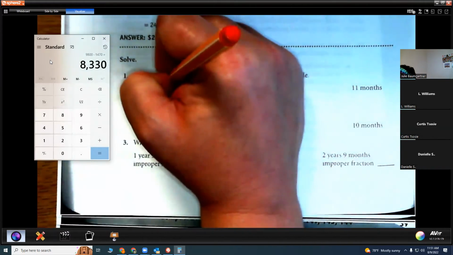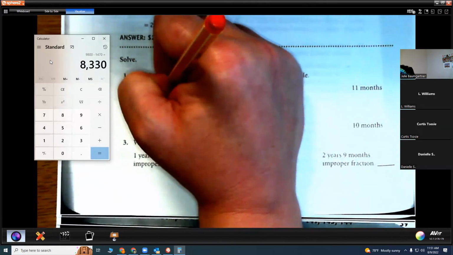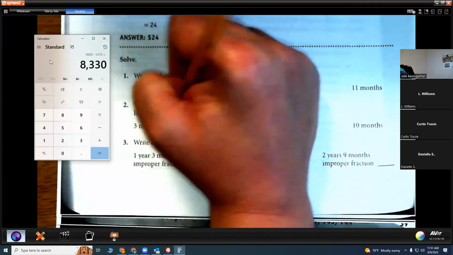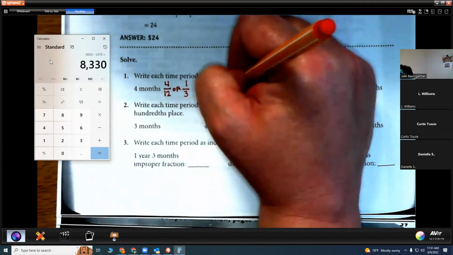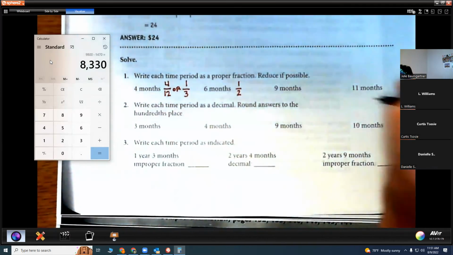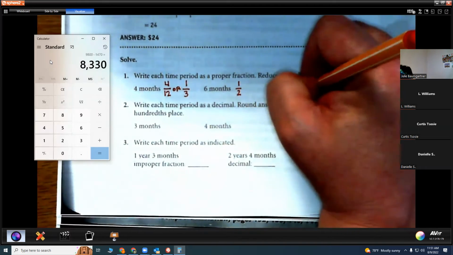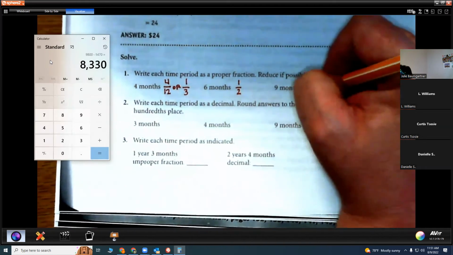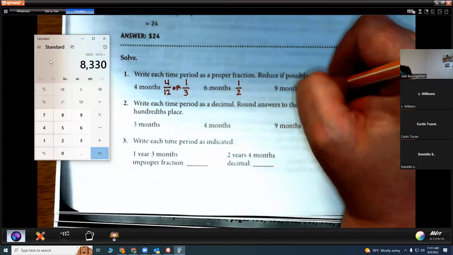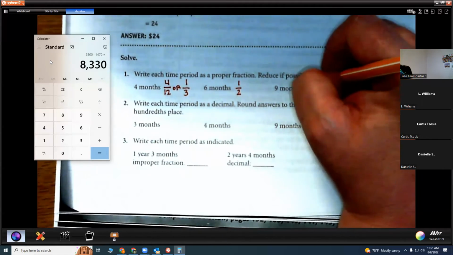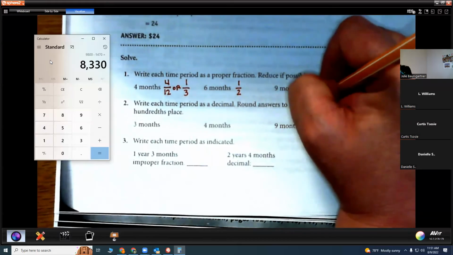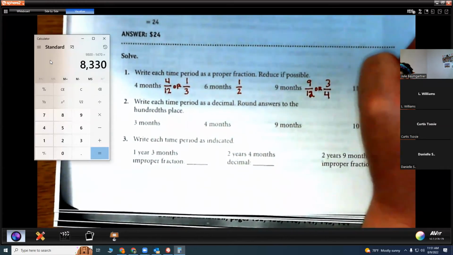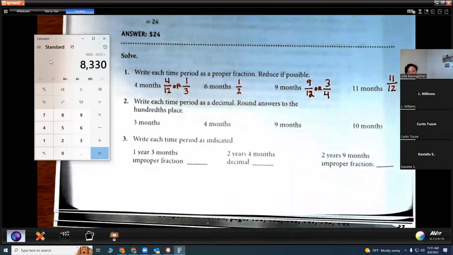So you're just saying that 4 months is 4/12 of a year, or 1/3. 6 months is easy, that's half. 9 months, 9/12, or 3/4. Thank you. I was like, why isn't this helping my brain? And then 11 does not reduce, 11/12.